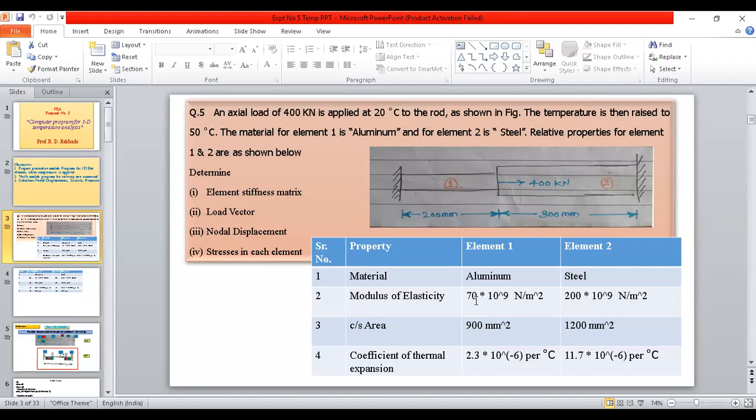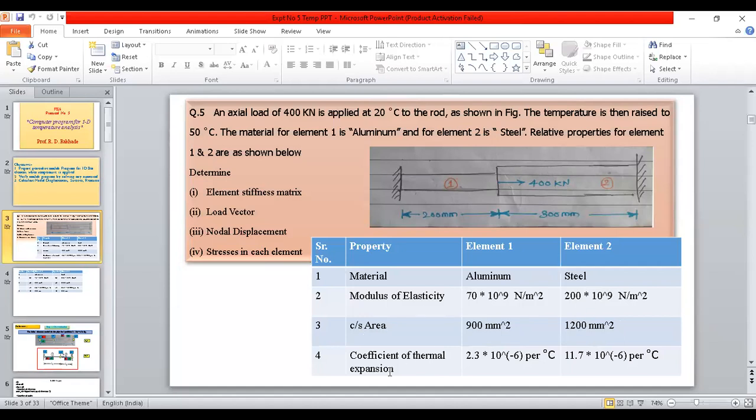For uniformity, we can convert into megapascal, that is Newton per mm square: 70 into 10 raised to the power 3 and 200 into 10 raised to the power 3 Newton per mm square. Then area of cross section for element 1 is 900 mm square, element 2 is 1200 mm square.